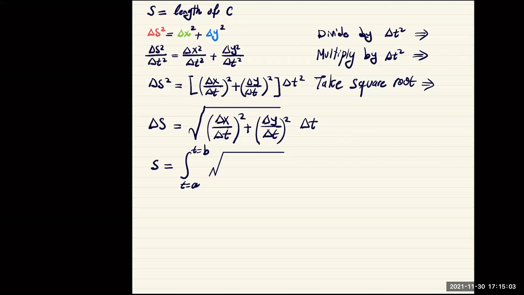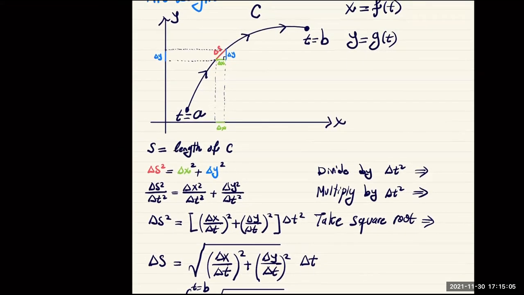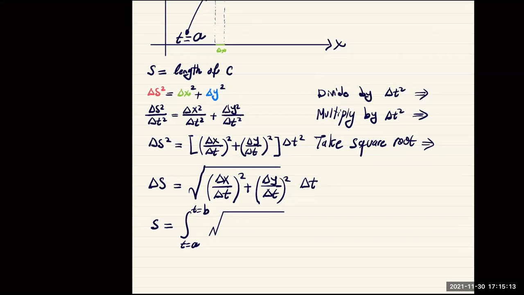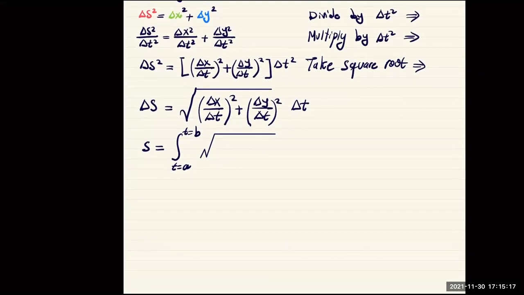The more of those delta s's you have, the smaller dx and dy become, and a very, very small delta x is called dx. So that becomes dx dt squared plus delta y over delta t becomes dy dt, and that delta t becomes dt.